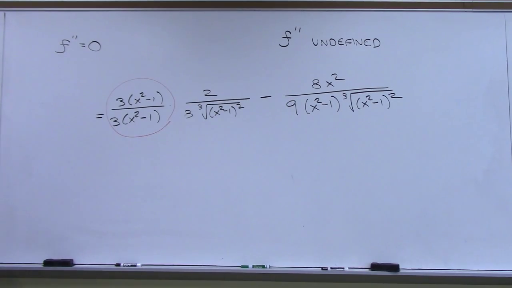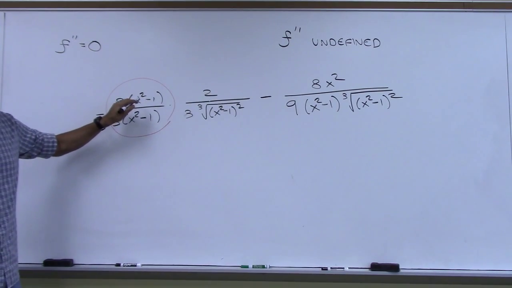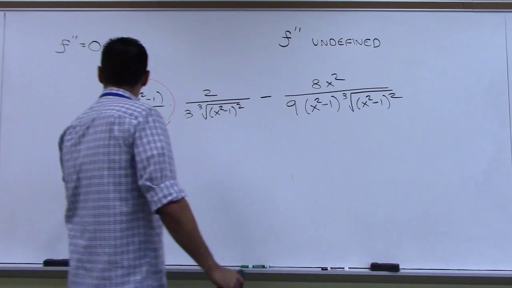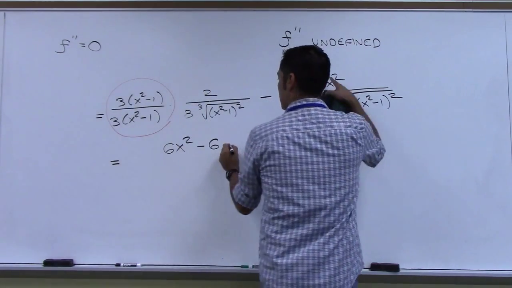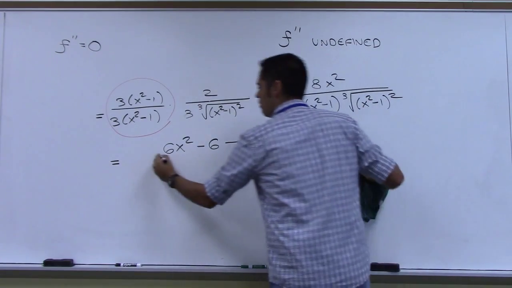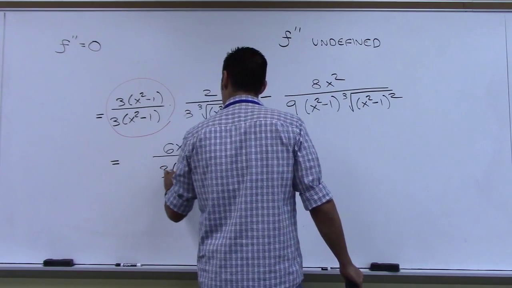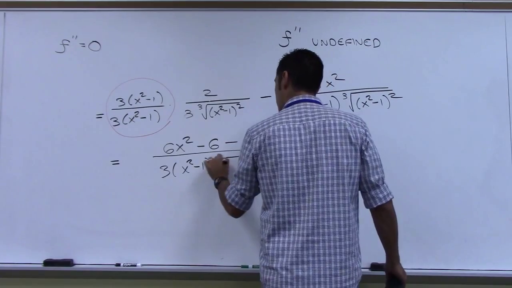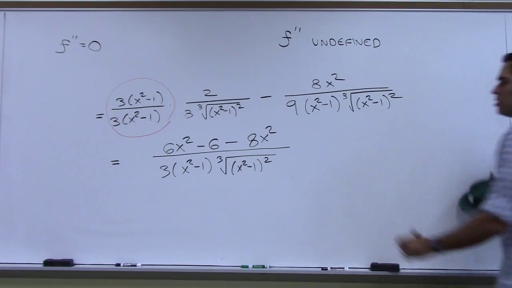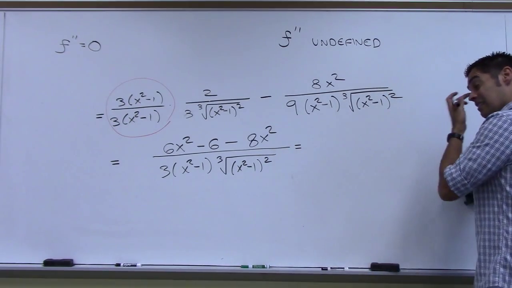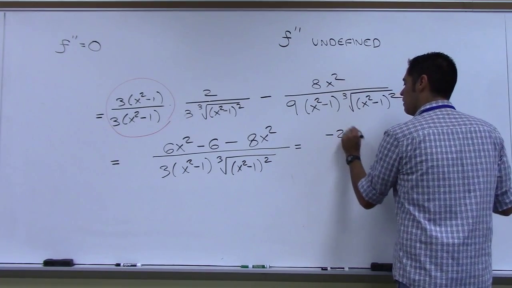All right, so now when we put these together, this will be a 6 in front of these two. So I'll just distribute the 6 through. So we'll have 6x squared minus 6, but then this one over here is a minus 8x squared, then all over this common denominator, which is 3 times x squared minus 1 times cube root of x squared minus 1 squared, which is negative 2x squared minus 6.